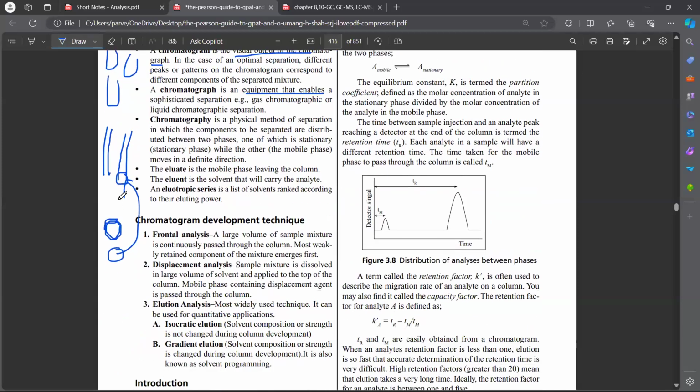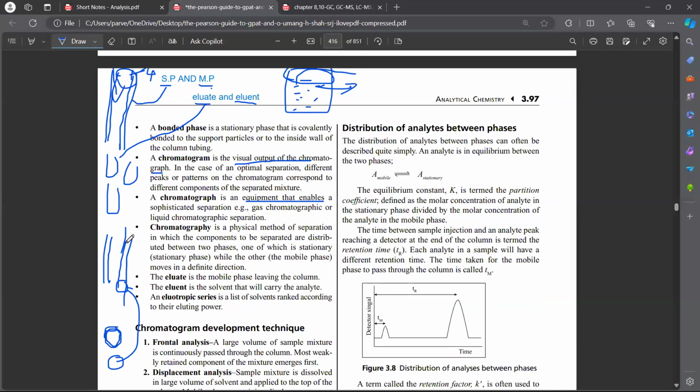Whenever we pass the mobile phase, the molecules get partitioned between the liquid stationary phase and the mobile phase. Components having more solubility in the mobile phase will be eluted out first. Components having more affinity, solubility or interaction with the stationary liquid phase will be eluted out late. This is the principle mainly used in HPLC, known as high pressure liquid chromatography or high performance liquid chromatography.